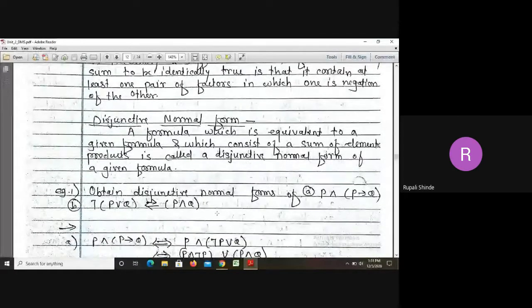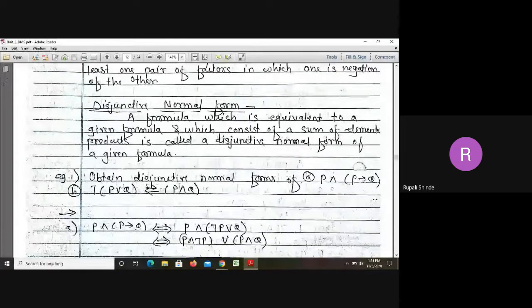So here one question is given. Obtain the disjunctive normal form of formula A. A is given as P and (P conditional Q). So we have to convert this formula into a disjunctive normal form. Just remember, in the final step you should get and inside the bracket and or outside the bracket.